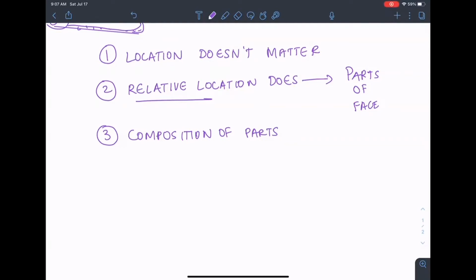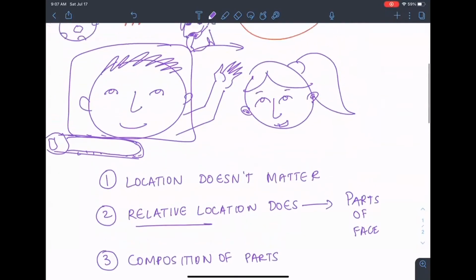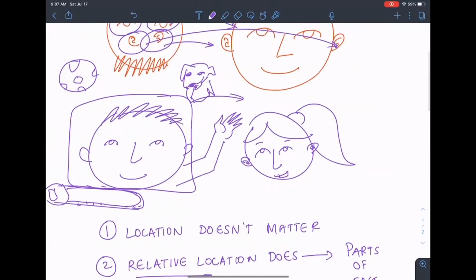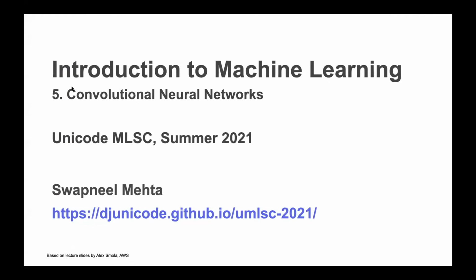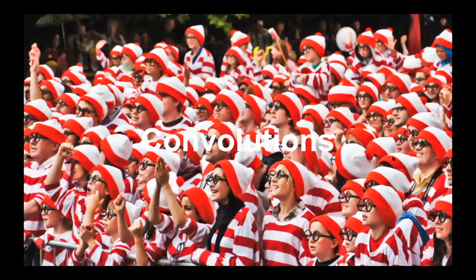And we'll get back to this because convolutional neural networks have these properties that you are told, but I found it more useful to motivate it in the sense of: this is how faces look, and this is what we want the classifier to detect. So let me get back to the slides, and we can dive into convolutions.